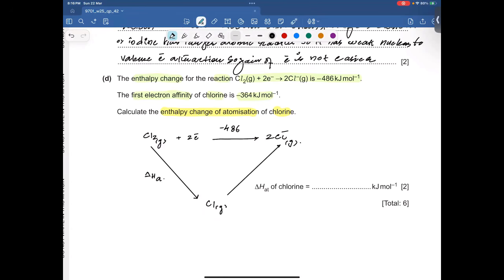And this is going to be first electron affinity, which is minus 364. Obviously it has to be 1 mole, so to get 1 mole I need to use half here, half here. Okay.